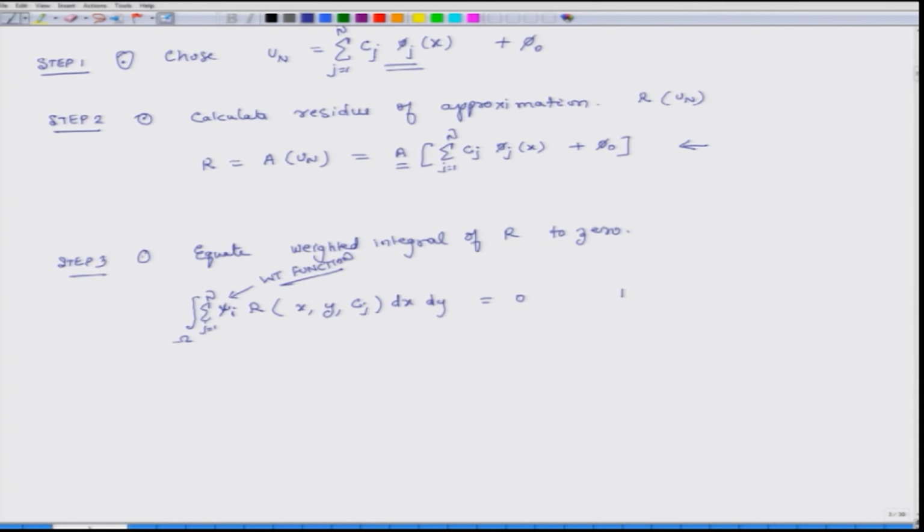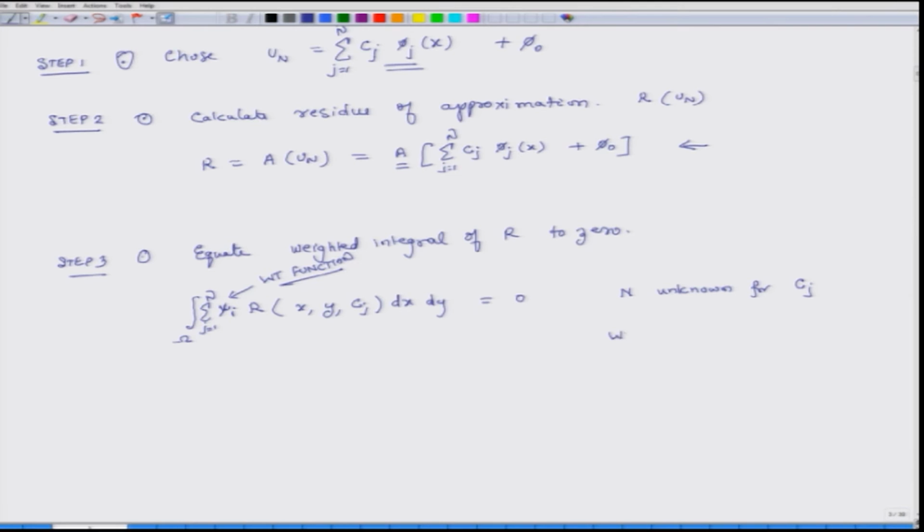So, there are a total of n unknowns for Cj, right, because this is an n term solution. So, I have to make n different choices for psi i to ensure that I get n equations for n unknowns.